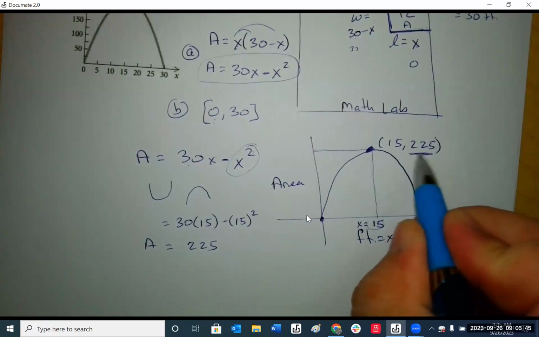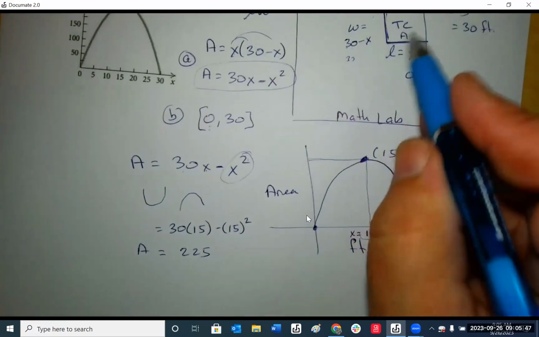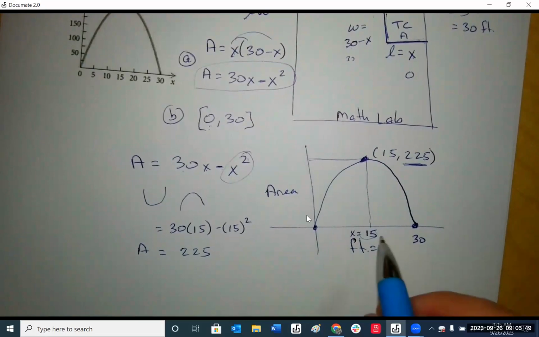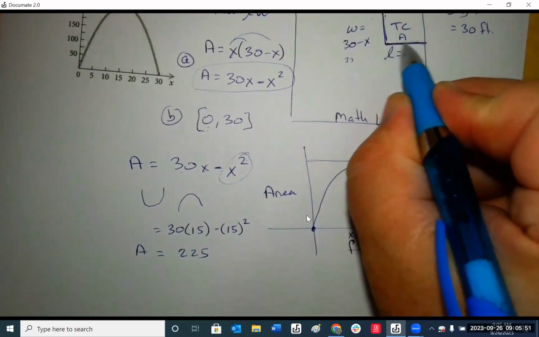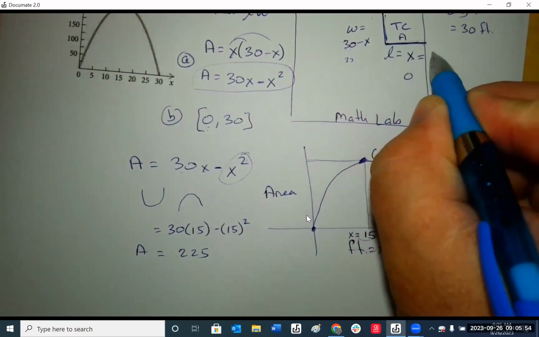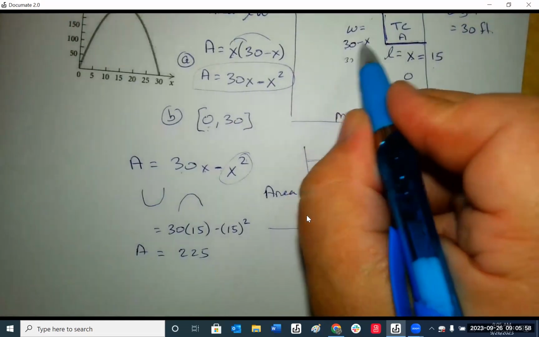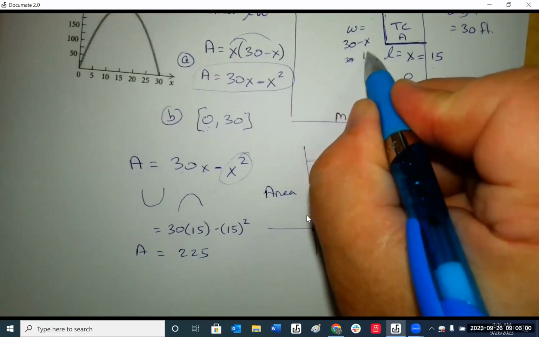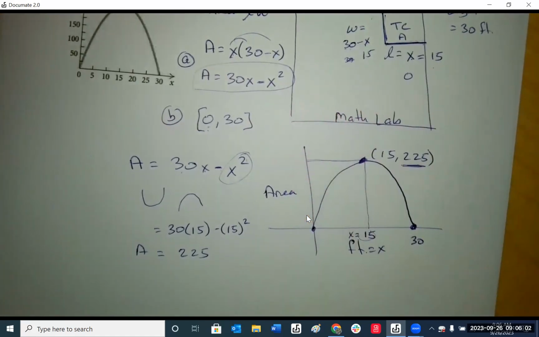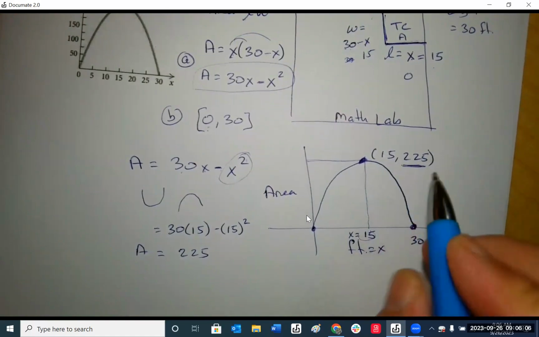So the maximum area you can have with this configuration is if this wall is 15 feet away from the wall. If that one's 15, 30 minus 15 is also 15. So a perfect square is the best idea. You're going to have 225 square feet.